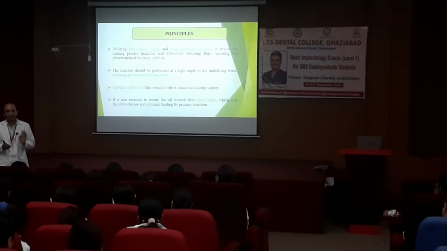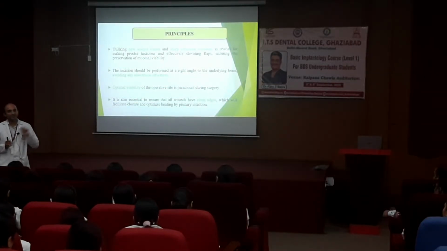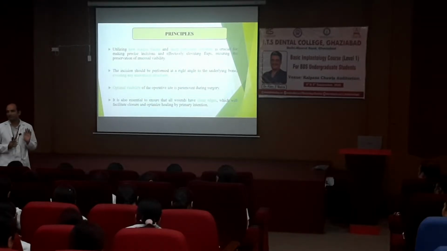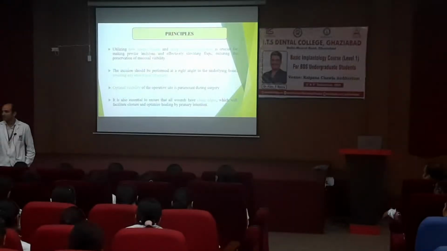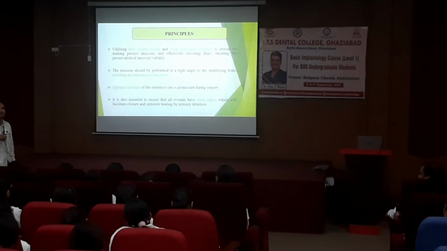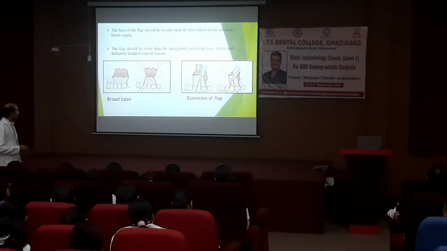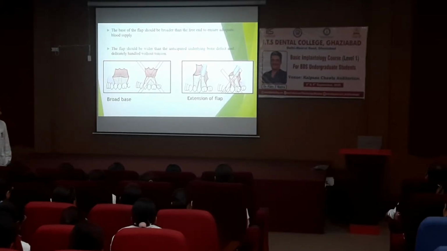Same way, if you have a sulcular incision, it should hit the bone. The moment you do that, the reflection will become easier. Otherwise, you will be tearing the margins, getting stuck and reflecting a partial thickness kind of flap, which is not advocated when we are going for implant surgery. So this I have already discussed, that the base should be broader.